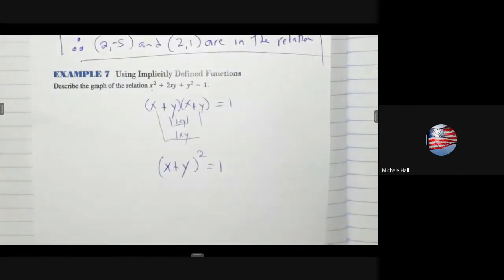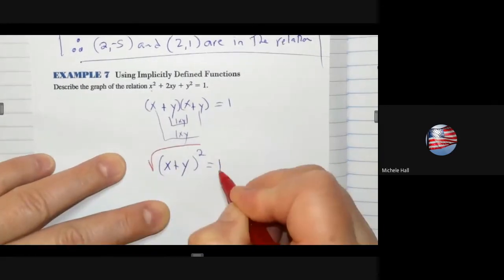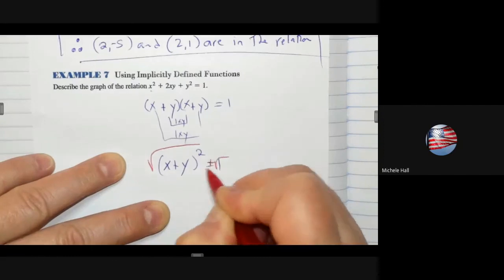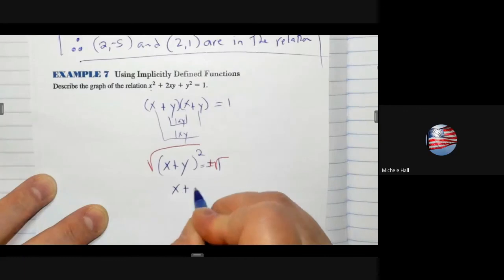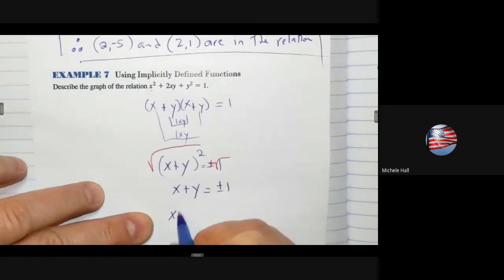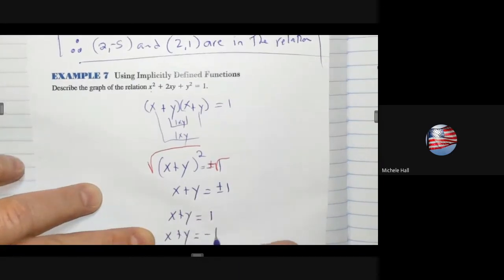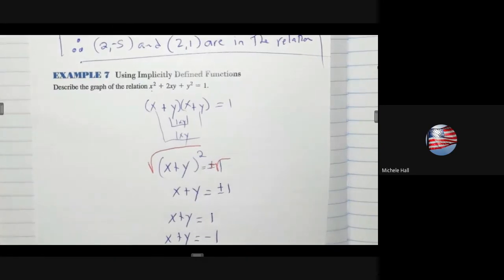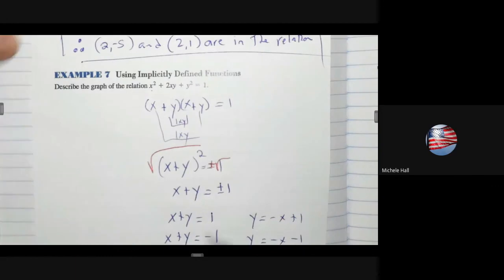I'm going to solve this to see what's going on. We have the square root, and then we have plus and minus the square root. X plus y equals plus and minus 1. So we have x plus y equals 1. We have x plus y equals -1. Y equals -x plus 1. Y equals -x minus 1. So it looks like we have parallel lines.